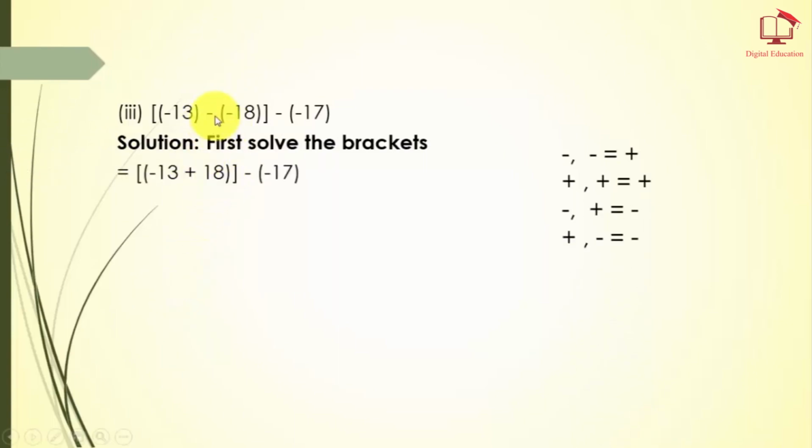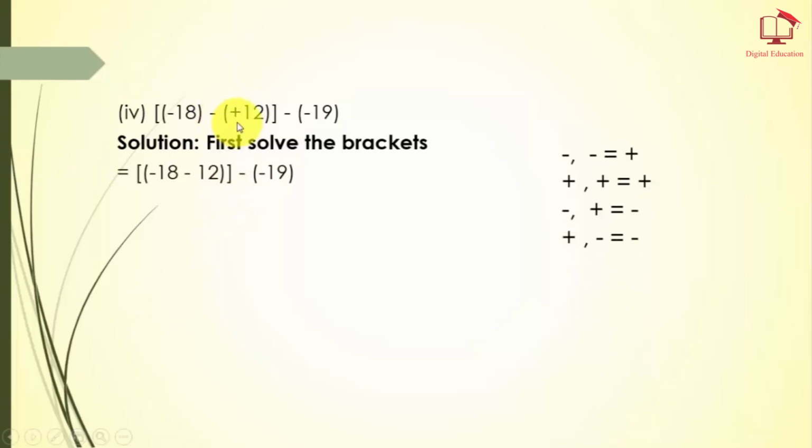Minus minus, if we multiply two minus symbols we have positive. Then plus minus minus 18 minus 13 we have positive 5. Positive 5 because 18 is greater, and 17 as it is. Again minus minus plus and plus plus plus 17 plus 5 we have 22.